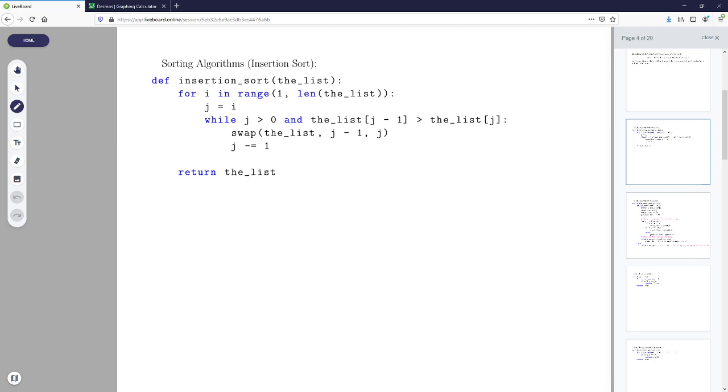Here's insertion sort. So how many steps does this take? This is done in Python, but it's essentially pseudocode.